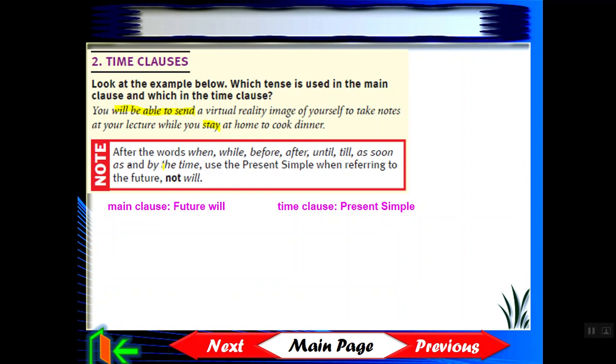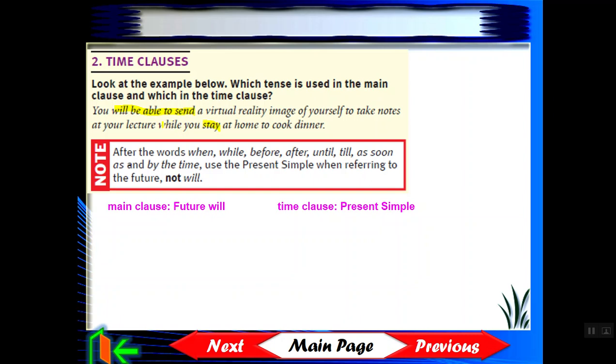And look at the note here. After the words when, while, before, after, until, till, as soon as, and by the time, these words we use with the time clause. Use the present simple when referring to the future, not will. So after these words in the time clause, use the present simple. As you can see, if you want to recognize, we have the word while.